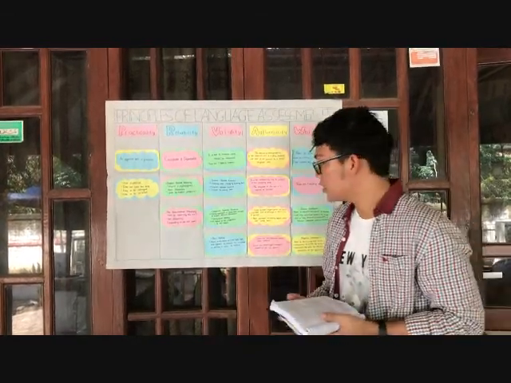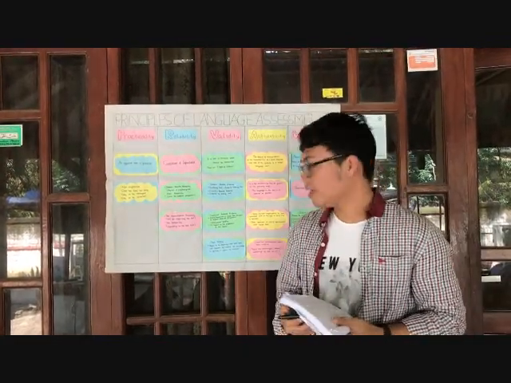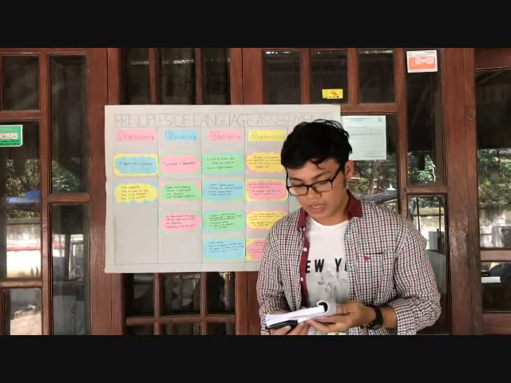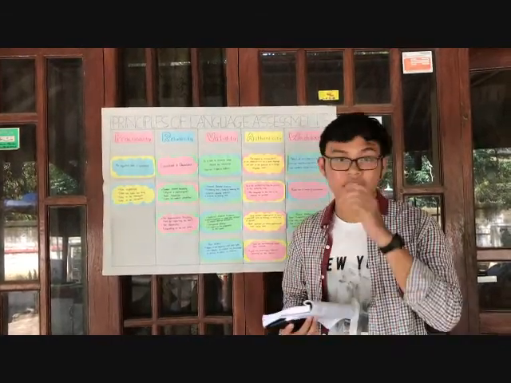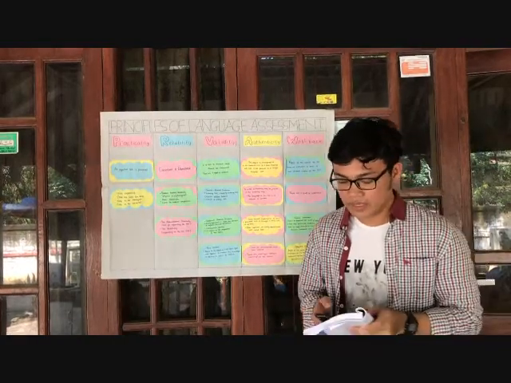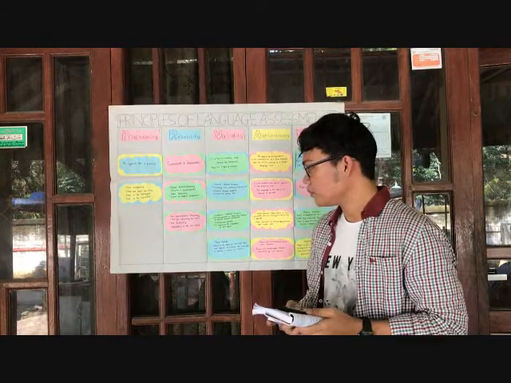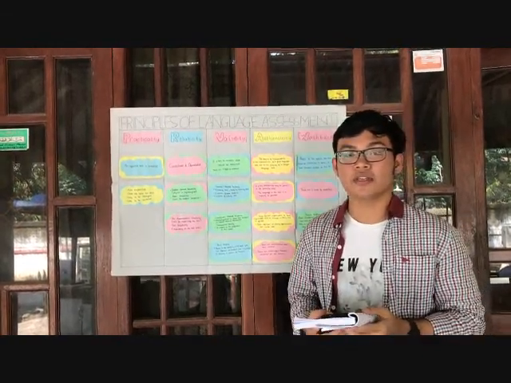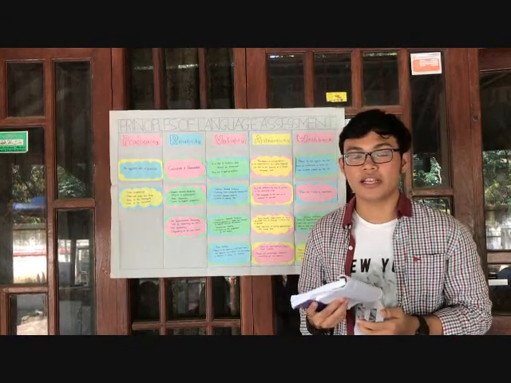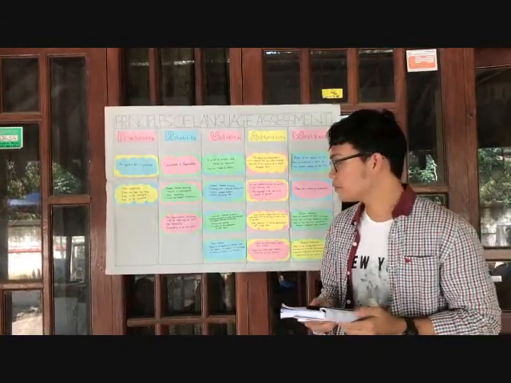And we are going to the third form, which is construct-related evidence, commonly referred to as construct validity. Construct validity is the degree to which a test measures what it claims or purports to be measuring.